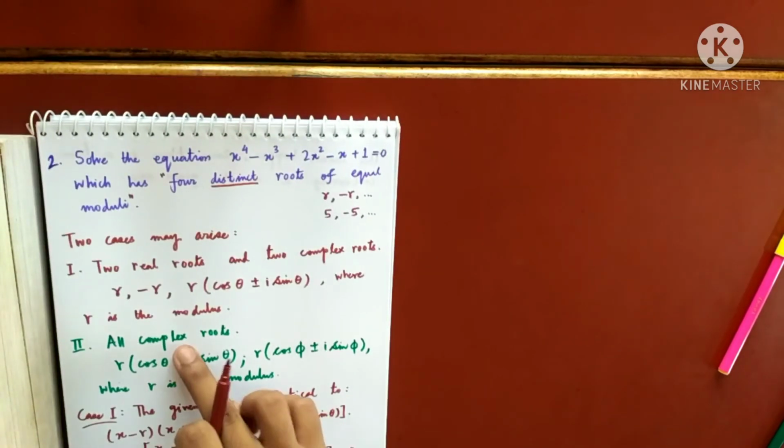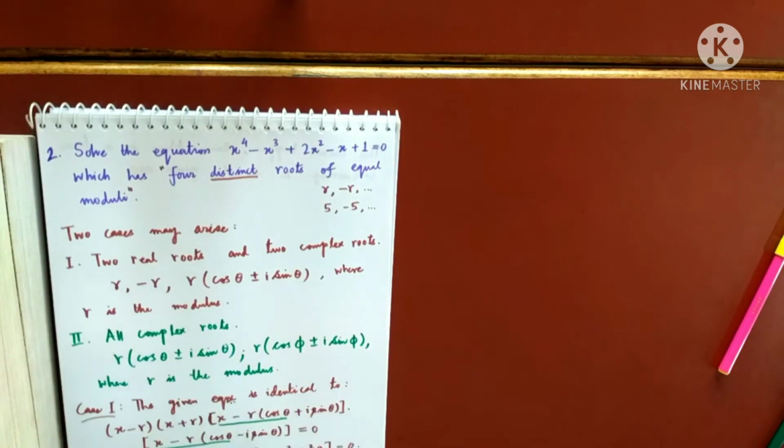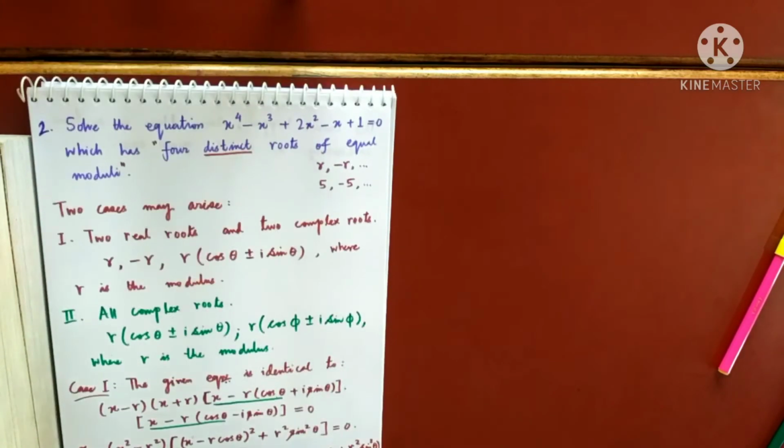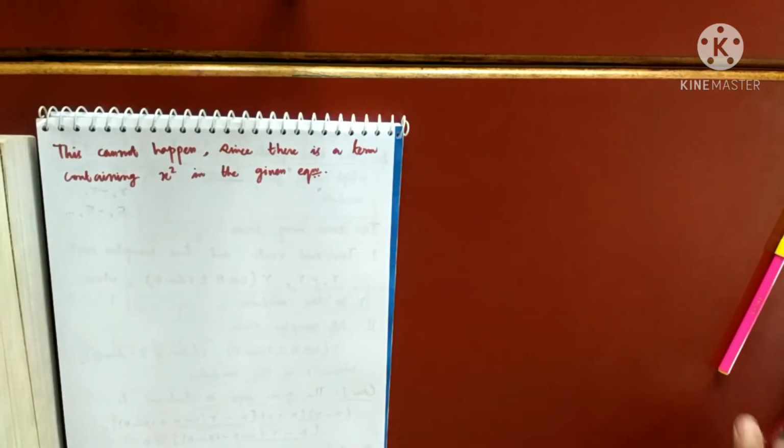So we'll go to case number 2 when the roots are complex. These two roots will give a factor of this form. Similarly, these two roots will give a factor of this kind only, just theta will be replaced by phi. So let me write that very quickly. So case 2.